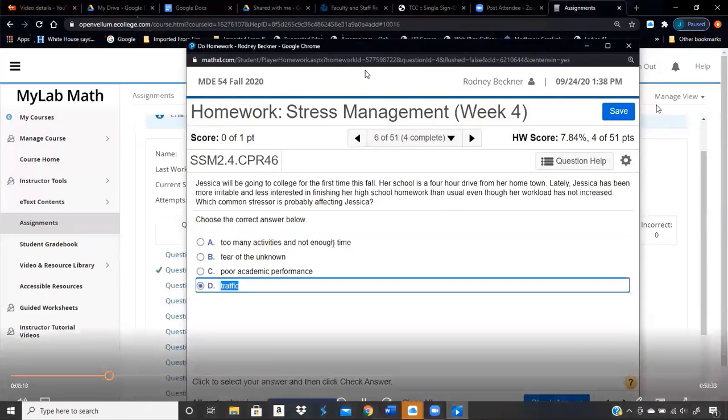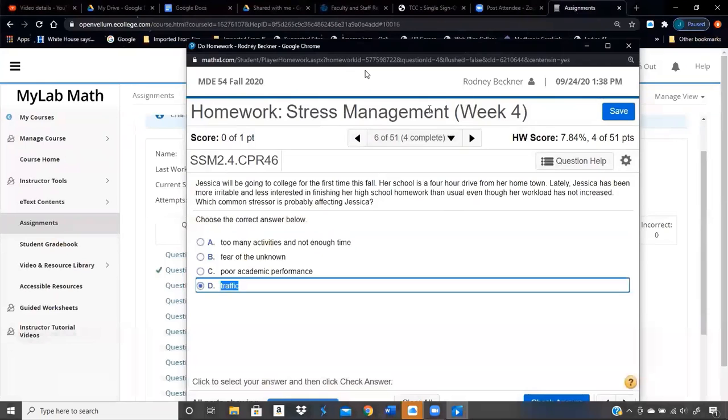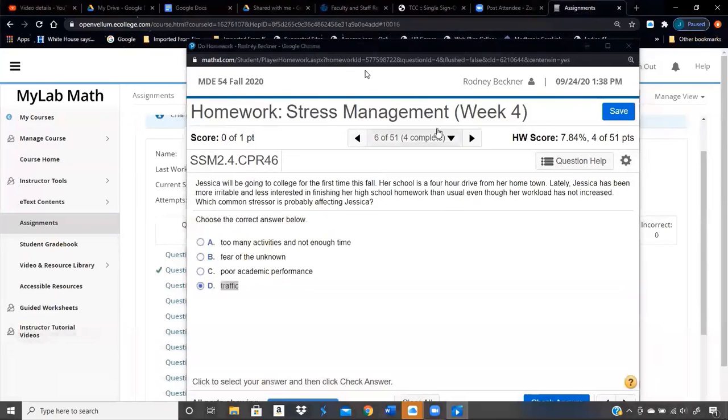Now, a lot of people might go straight to traffic, but this 4-hour drive isn't a day-to-day stressor. So it could be traffic. And if she was going to be commuting these 4 hours, that would be definitely a stress.